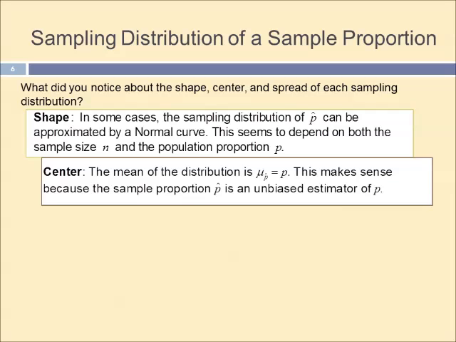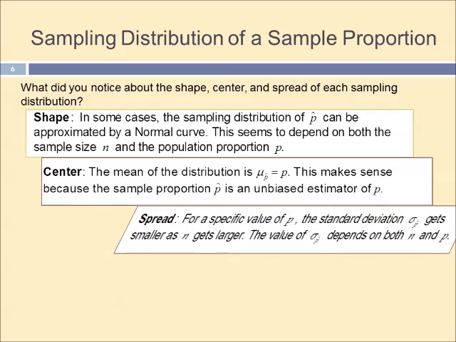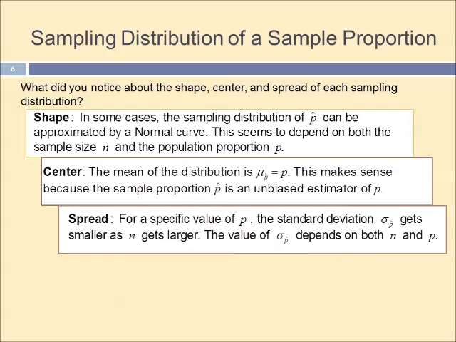This kind of makes sense because the sample proportion is an unbiased estimator of the population proportion. The spread, for a specific value of p, the standard deviation gets smaller as n gets larger, as we saw with sample means. And the value of the standard deviation of this distribution of proportions depends on both n and p.